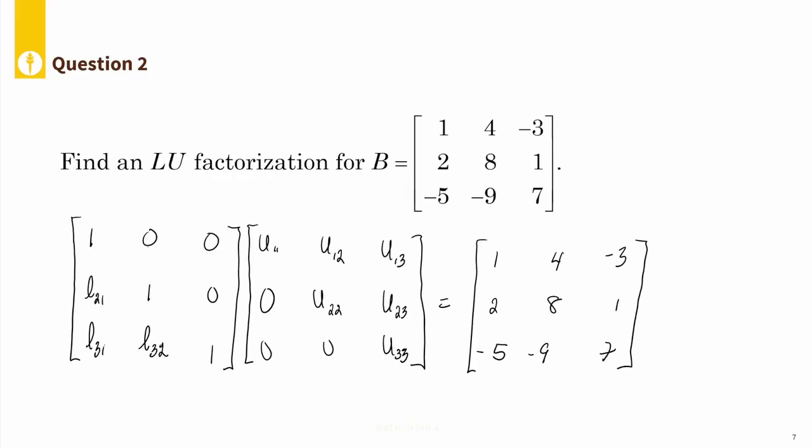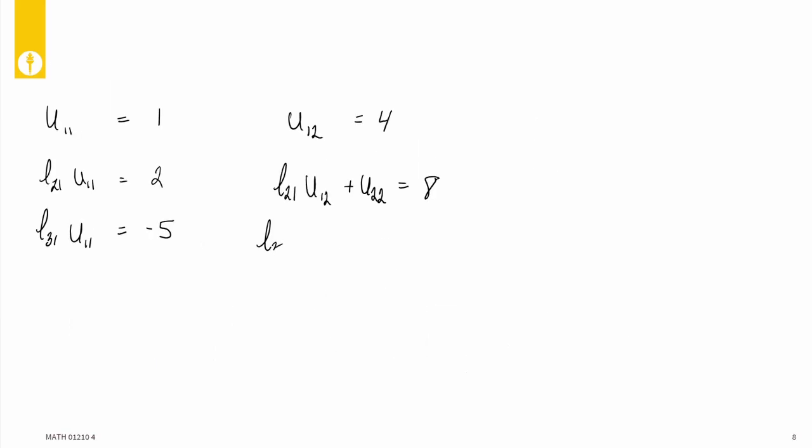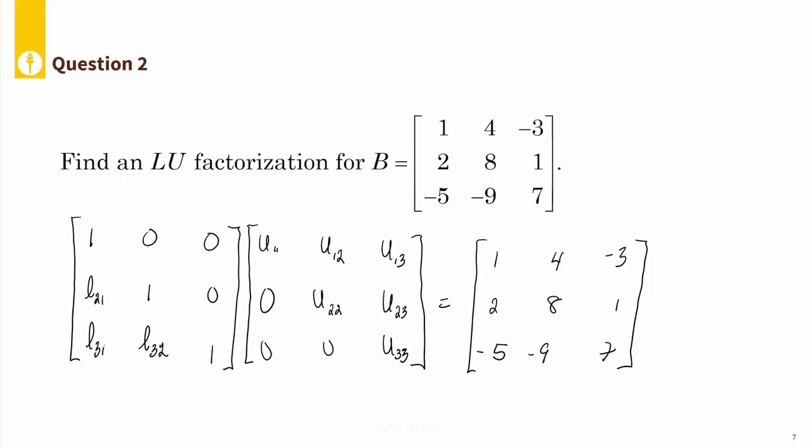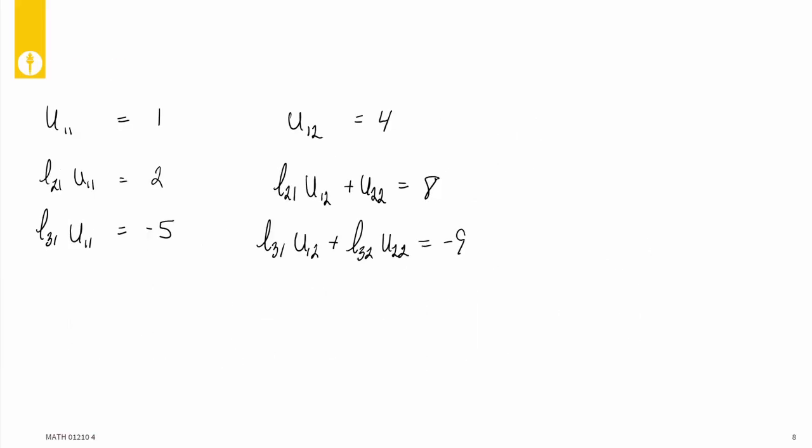This is not fun. L31 U12 and then L32 U22. And that has to equal negative 9.